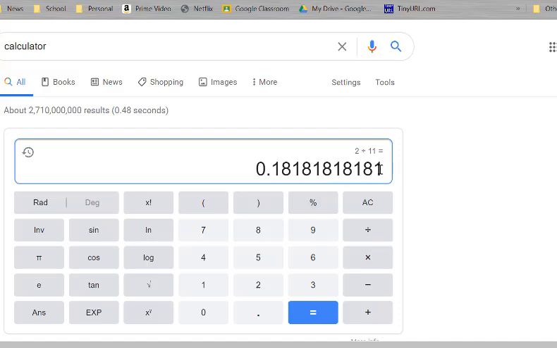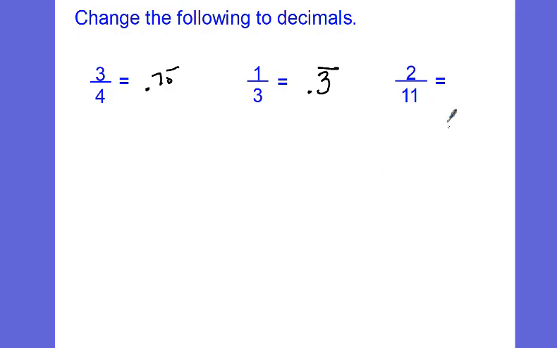Normally this one would be a 2 because it's going to round based on the next number, and the next number should have been an 8. So this repeating decimal is written as 0.18 with a bar. We write the thing that repeats. In this particular case, it's the 1 and the 8, and you put a bar over both of those.